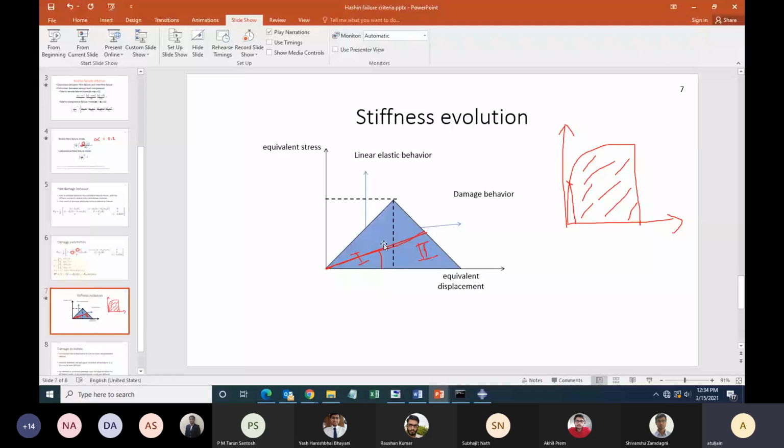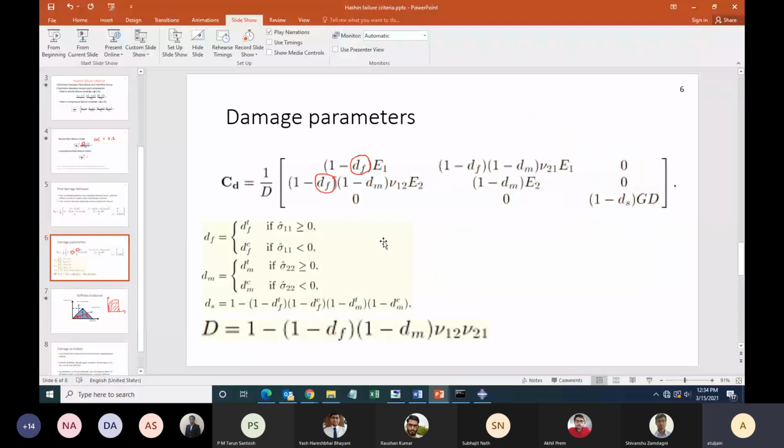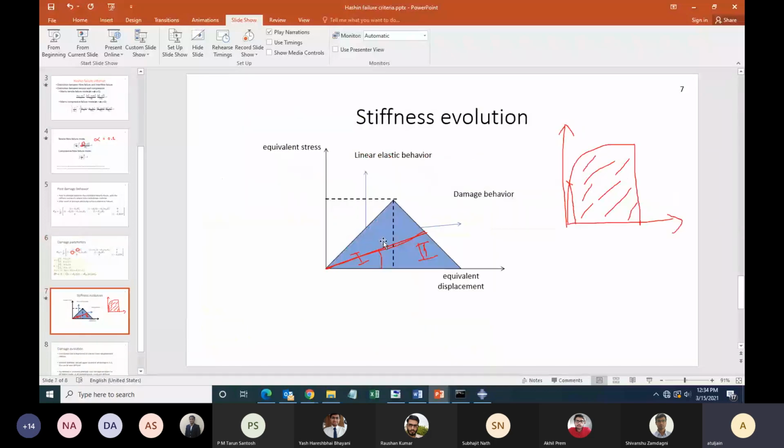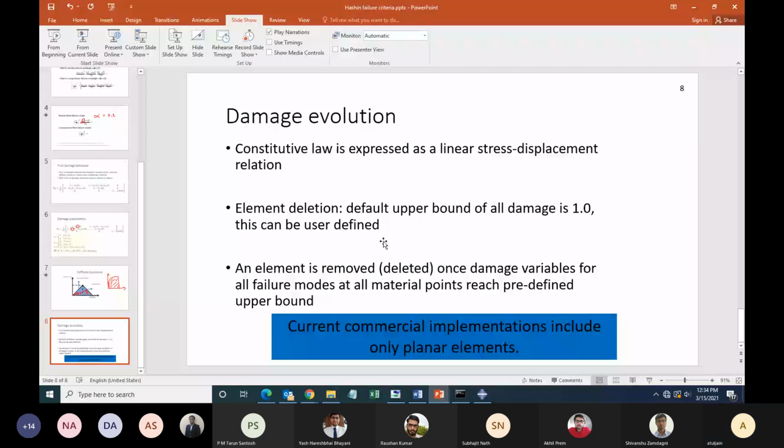Based on the modulus calculation, you can update the value of df and dm, and accordingly change the elasticity matrix. And this is done at every time increment. And then finally, you will get the nice nonlinear stress strain curve for composite materials as you would expect. Any questions?